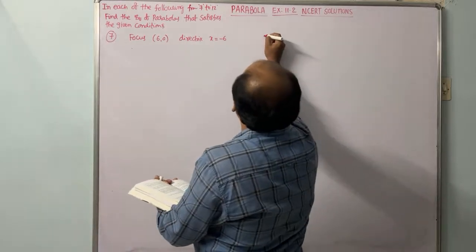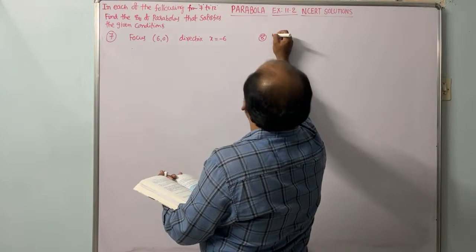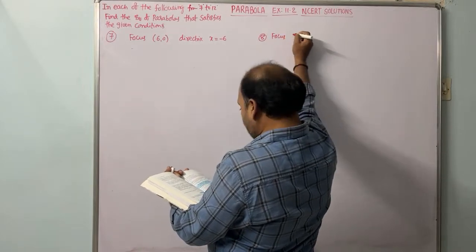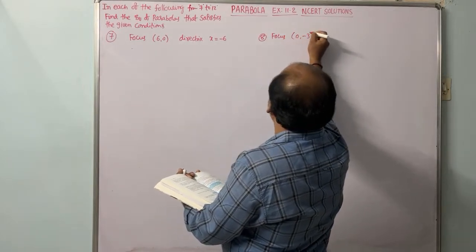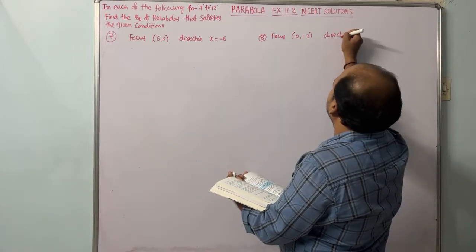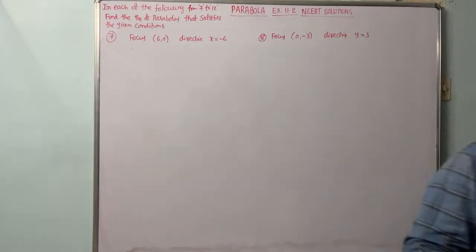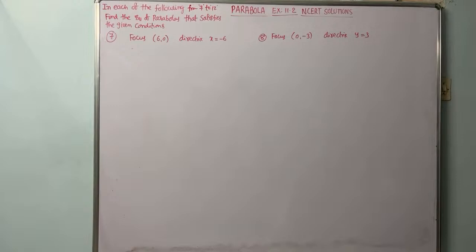Next, in question number 8: focus (0, -3) and directrix y = 3. So by using the given information, we need to find the equation of the parabola.